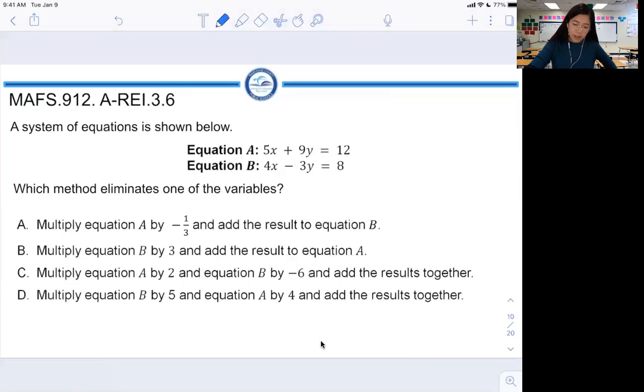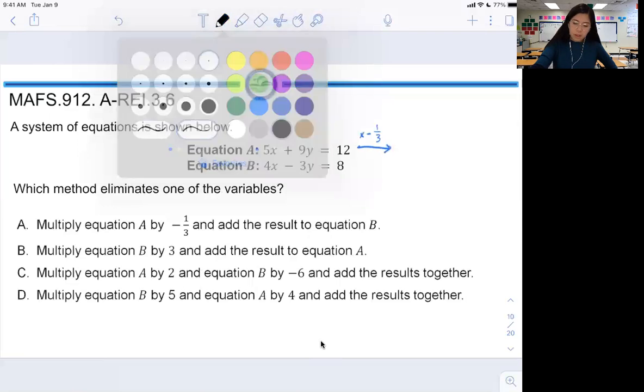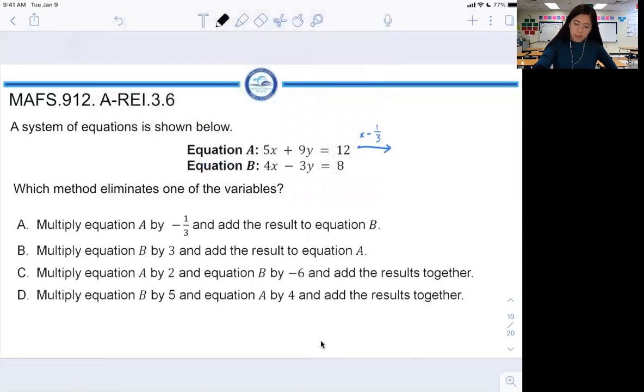So let's take a look at answer choice A. Multiply A by negative 1/3 and add the result. Okay. If I multiplied that by negative 1/3, I would get negative 5/3 x minus 3y equals negative 4.